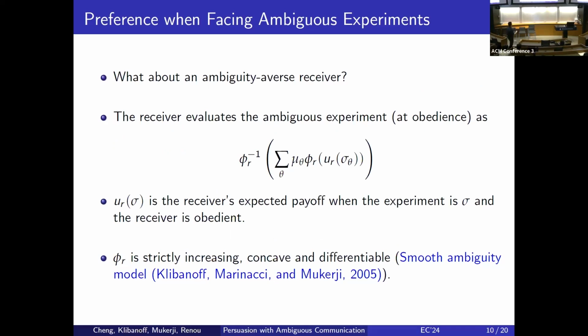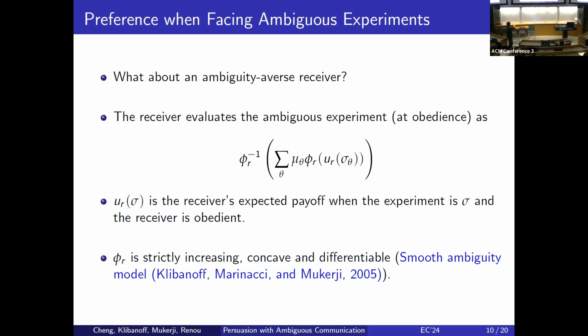So the way to model it is the following. First of all, we use UR of sigma to denote the receiver's expected payoff when they are following the recommendation of that experiment. And then the receiver will evaluate the ambiguous experiment theta by theta, or experiment by experiment, and then aggregate it using the probability measure mu, but only after applying this phi function, which captures the ambiguity attitude of the receiver.